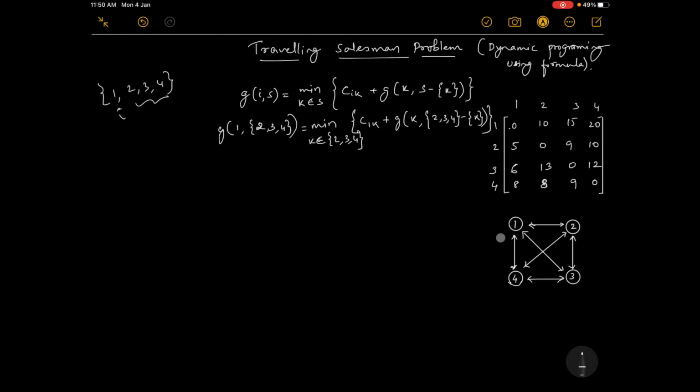These are the 4 locations where he will want to travel. For example, this may be Bangalore, Hyderabad, Mumbai, Delhi, and he has to choose the path in such a way that the overall traveling cost must be minimum. So it is again an optimization problem, and dynamic programming comes under optimization problems.